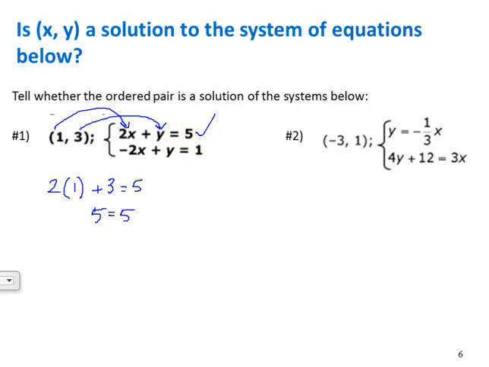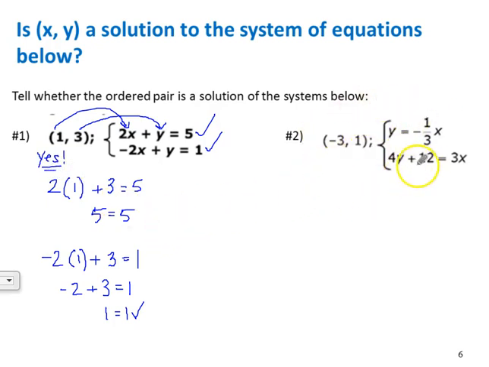Now what about the second equation? We've got negative 2x plus y. Instead of an x, I'm going to substitute in the 1, and for y I'm going to substitute in the 3 and see if it equals 1. Negative 2 times 1 is negative 2. Negative 2 plus 3 is 1. So this one worked as well. So yes, this ordered pair is a solution. So we would say yes for this first one. It works.